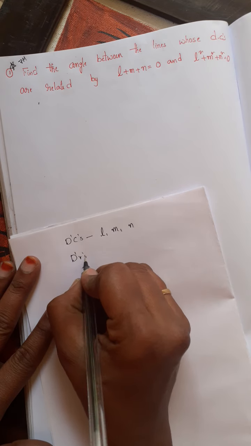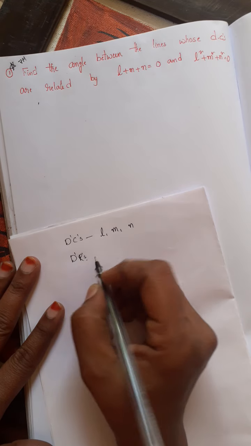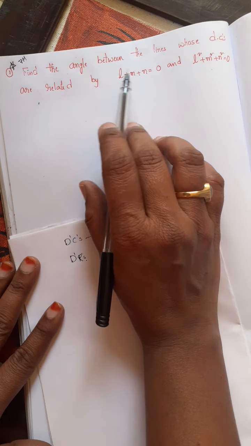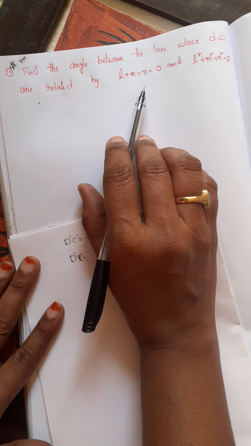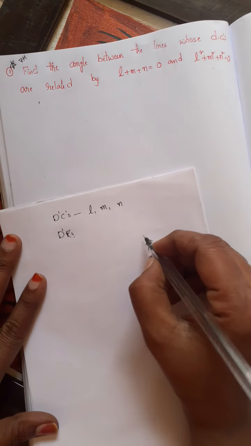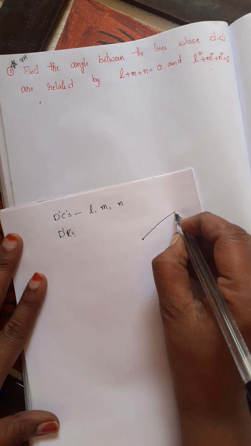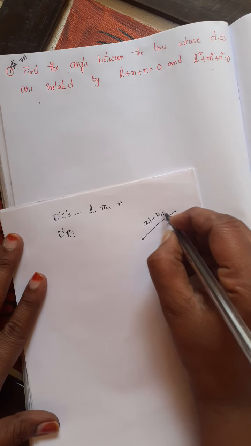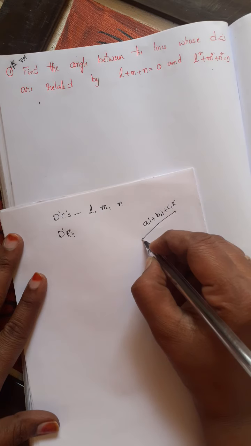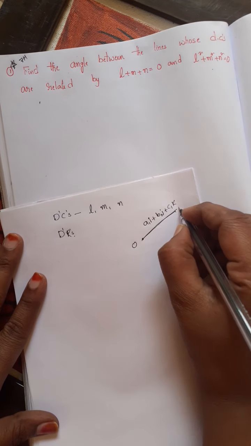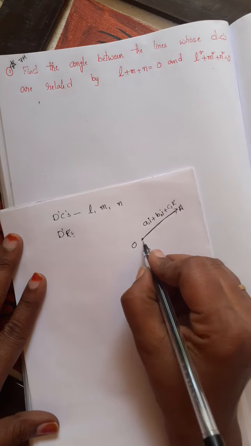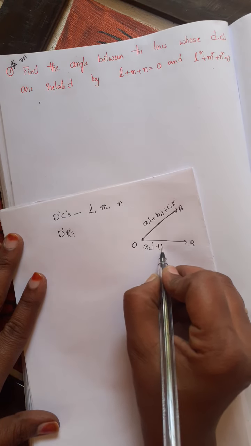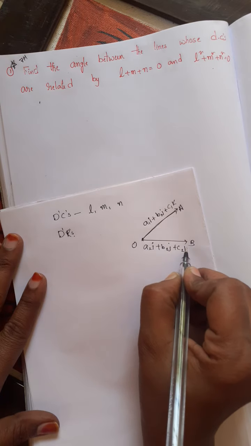What are direction ratios? And what is he asking here? Two lines are given in terms of direction cosines. Suppose you have two lines like this, a1 i plus b1 j plus c1 k, this is the OA vector, and this is the OB vector, a2 i plus b2 j plus c2 k.